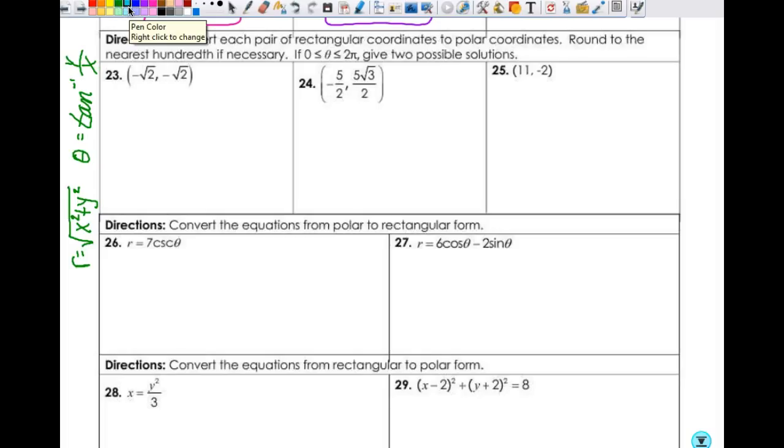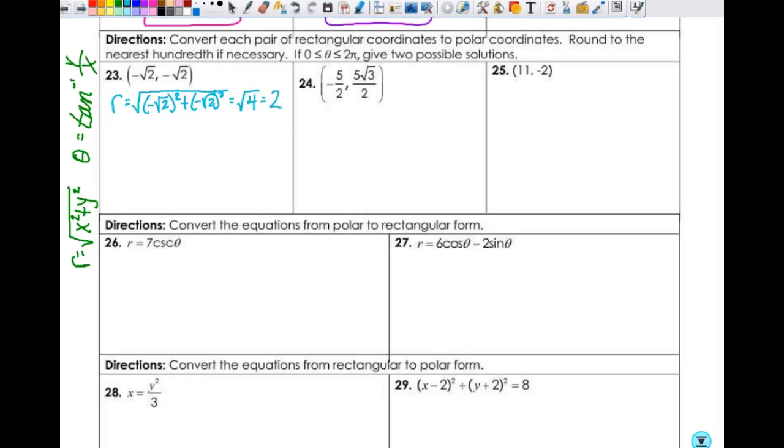Okay, so negative square root of 2 over 2, negative square root of 2 over 2. So r is equal to the square root of negative square root of 2 squared plus negative square root of 2 squared. When I square this I get 2 plus 2, so it's the square root of 4, which is 2.